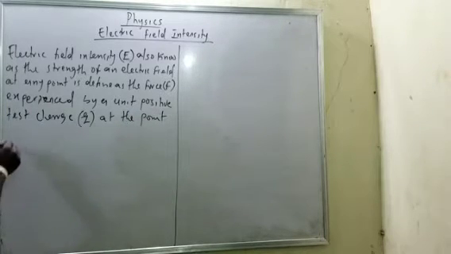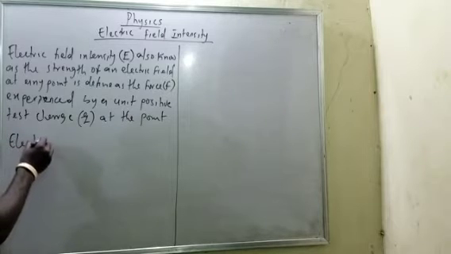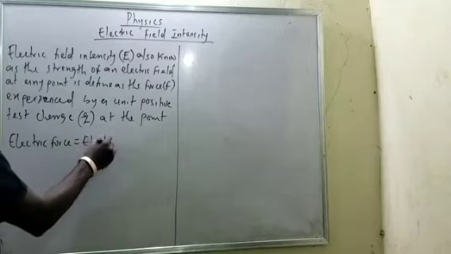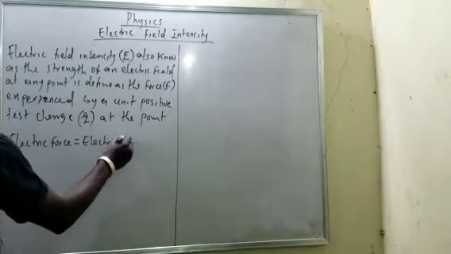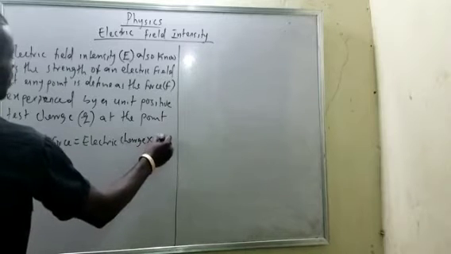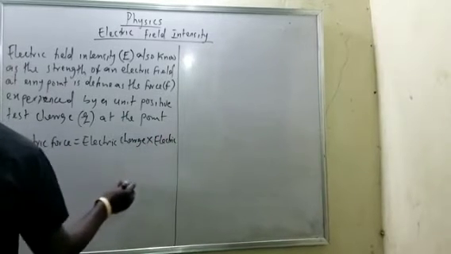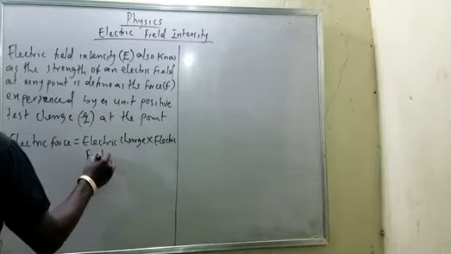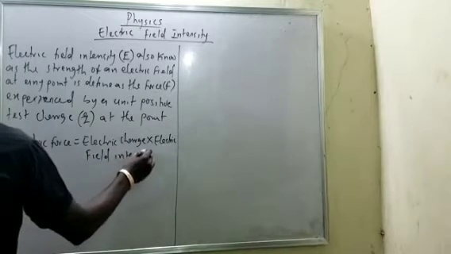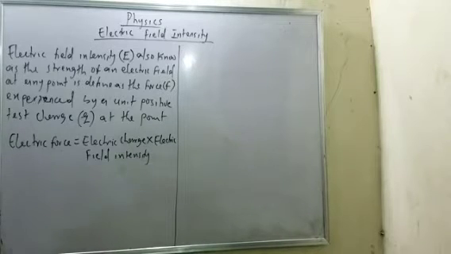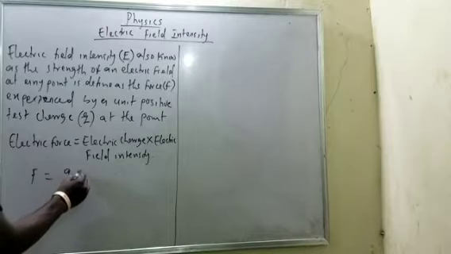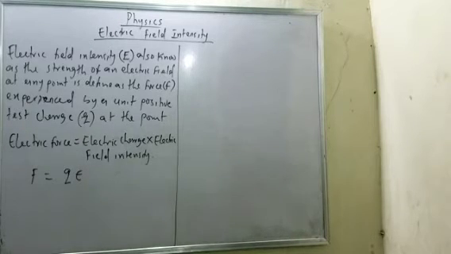It means my electric force will be equal to electric charge multiplied by electric field. Now, it means my force is equal to Q times E, which is what I mentioned here.